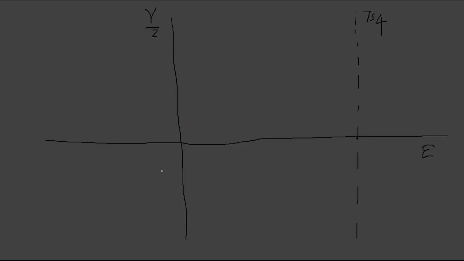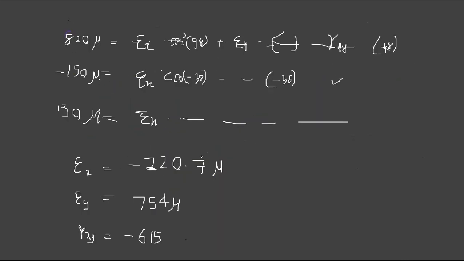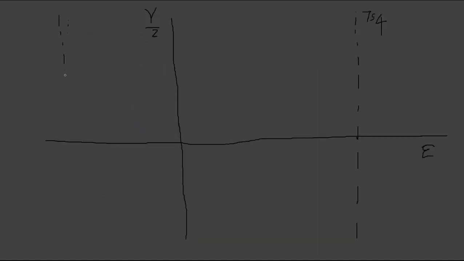So these are not principal strains. These are strains in x and y directions, right? So, and the next strain would be minus 220. This one, right? It's minus 220, right? Minus 220.